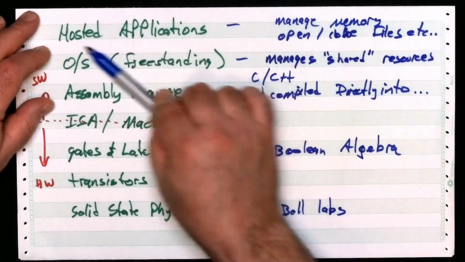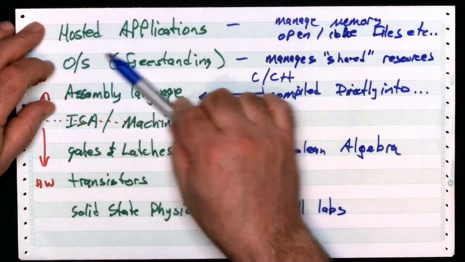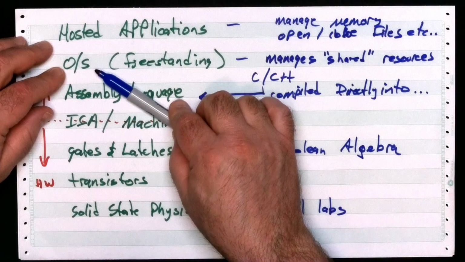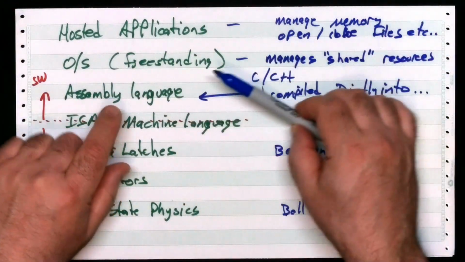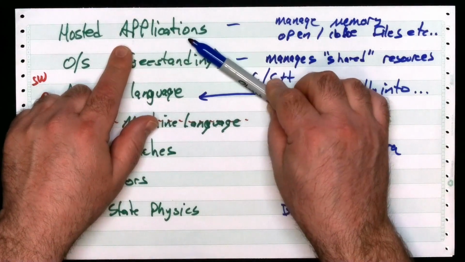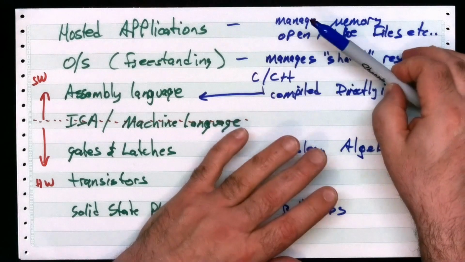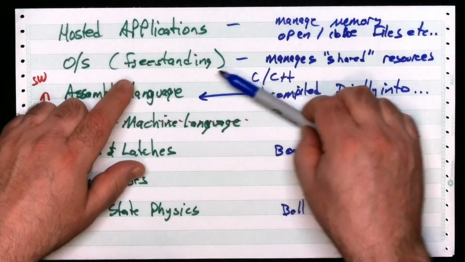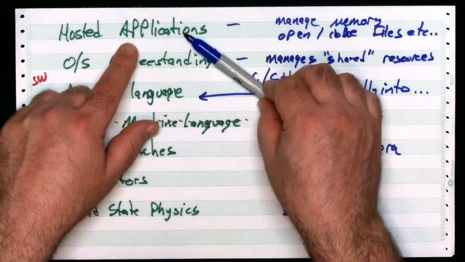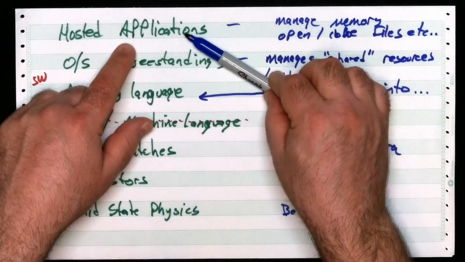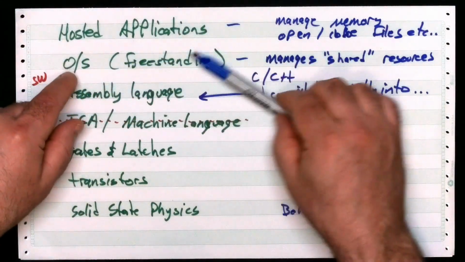The concept of hosting an application is referring to the fact that the operating system itself is the host. It creates, for example, an address space for an application. It goes out to the disk maybe, or the SD card or something, reads in a program into some memory that it allocates on behalf of the application, and then it starts that application running along with the other applications that the operating system is tending to over the course of time.